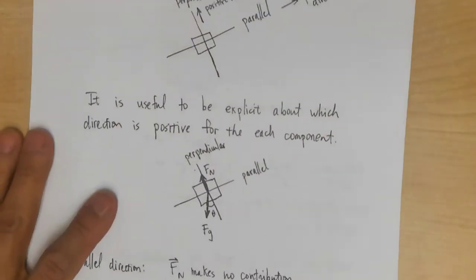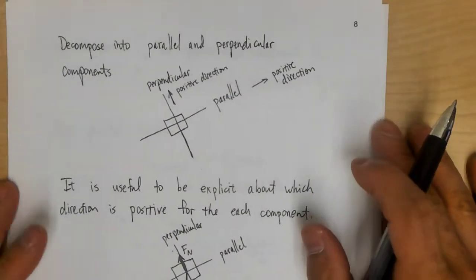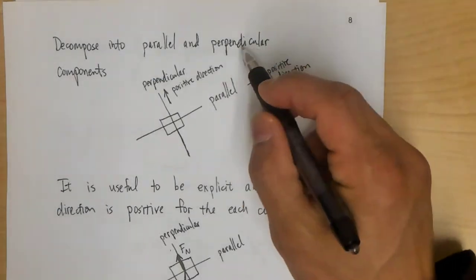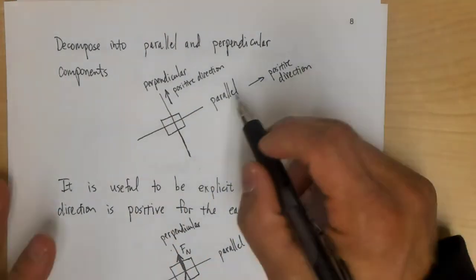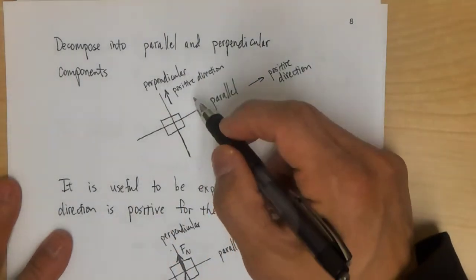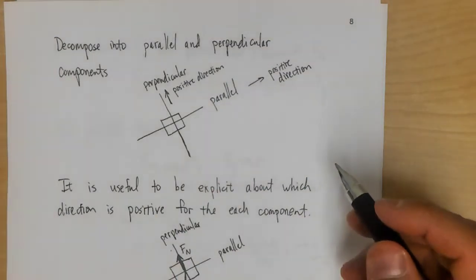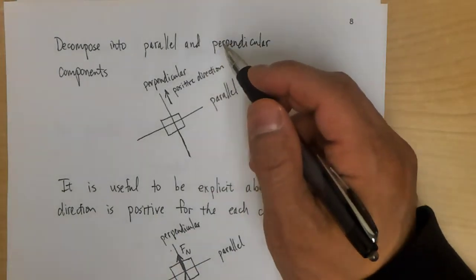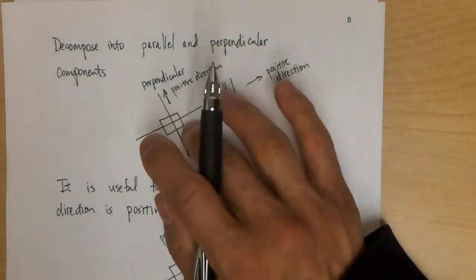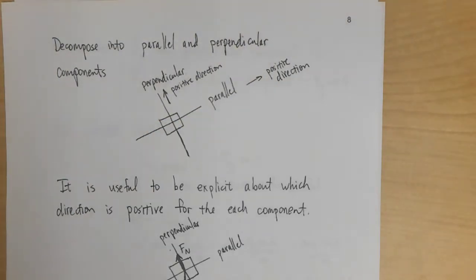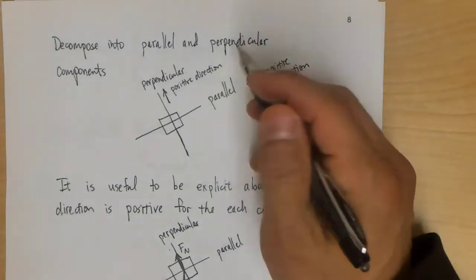Let's now resolve the vectors into parallel and perpendicular components. So I like to call it parallel and perpendicular. Your book likes to use x and y, or x prime and y prime. I find that very confusing because x and y for me is horizontal and vertical.